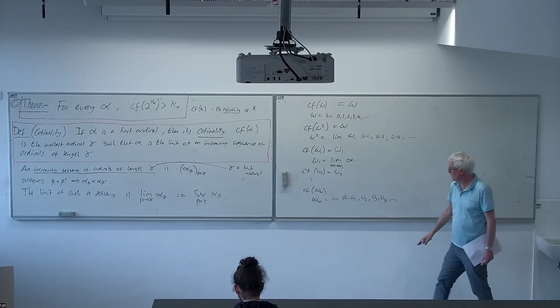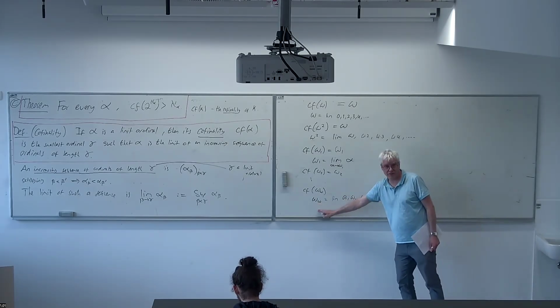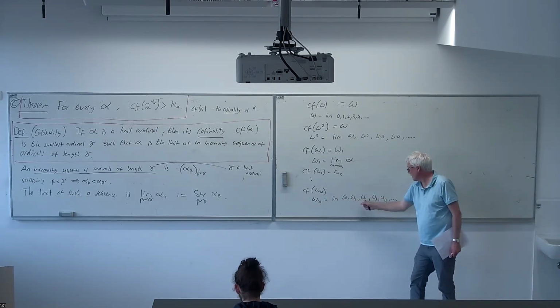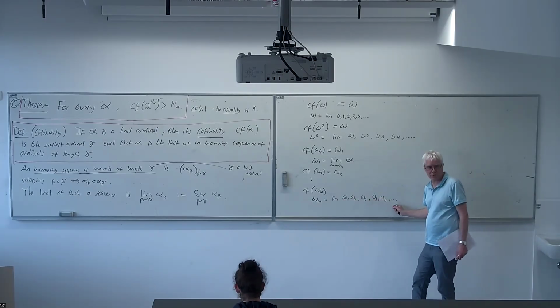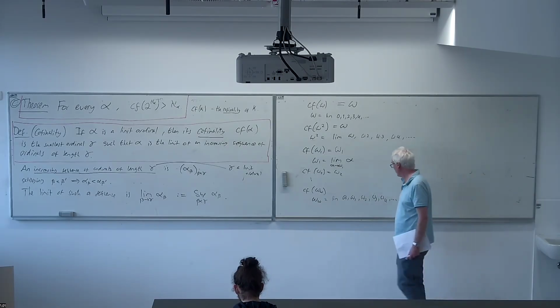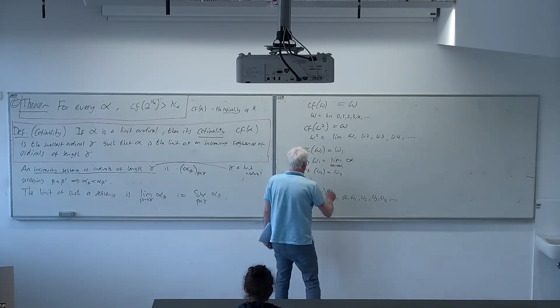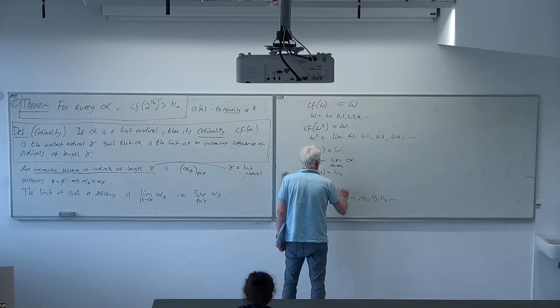So although it's a larger cardinal, we can actually get to it with only an omega chain of approximations of smaller ordinals, which in this case are cardinals. So the cofinality of omega sub omega goes down to omega.